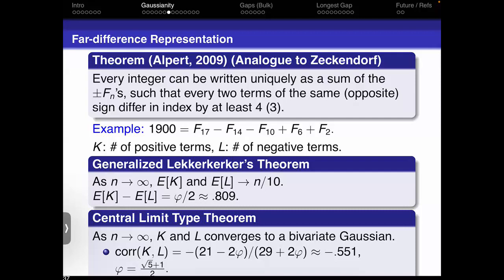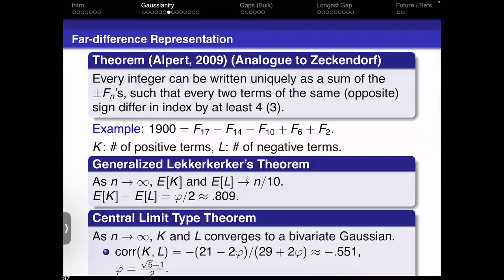And if they are opposite sign, then they have to differ by at least 3. So in this decomposition of 1900, we have F17 minus F14 minus F10 plus F6 plus F2. The F17 and F14 have different signs in front of them. They differ by 3. F14 and F10 have the same sign. They differ by 4.